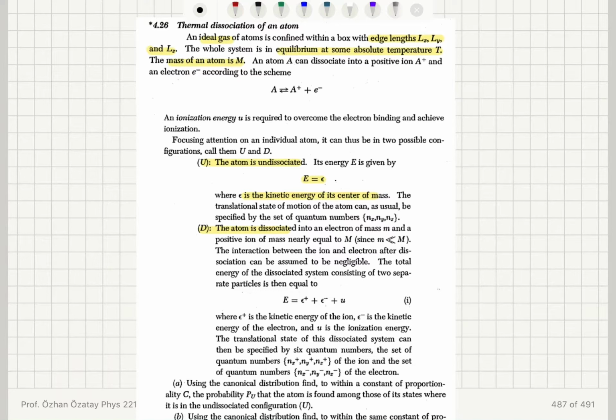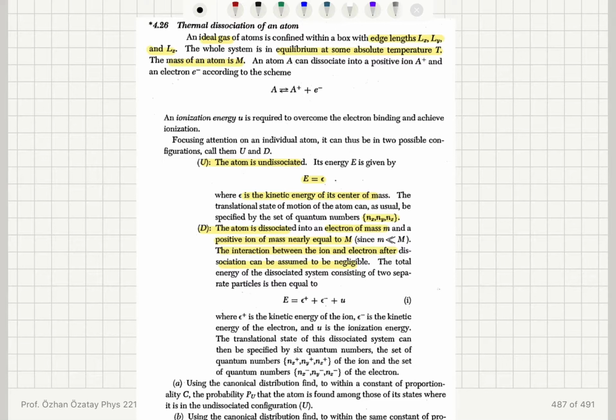The translational state of the motion of the atom can, as usual, be specified by a set of quantum numbers n_x, n_y, and n_z. When the atom is dissociated, it is dissociated into an electron of mass m and a positive ion of mass nearly equal to the mass of the atom, capital M. The interaction between the ion and the electron after dissociation can be assumed negligible.